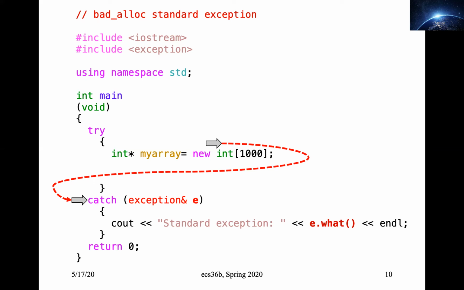That's my array: int star, myArray is new int, 1,000. So you create an array of 1,000 integers. And guess what? When you do this, you might actually cause an exception. This exception is a standard exception called bad allocation.